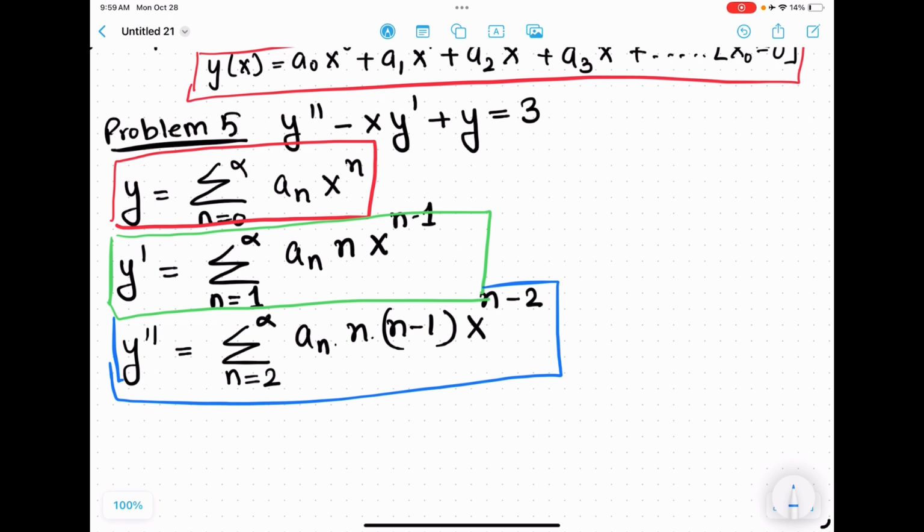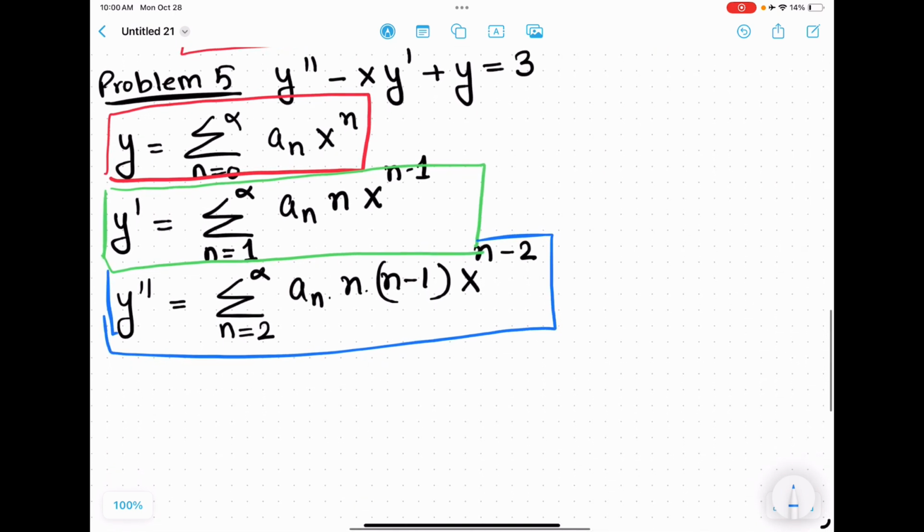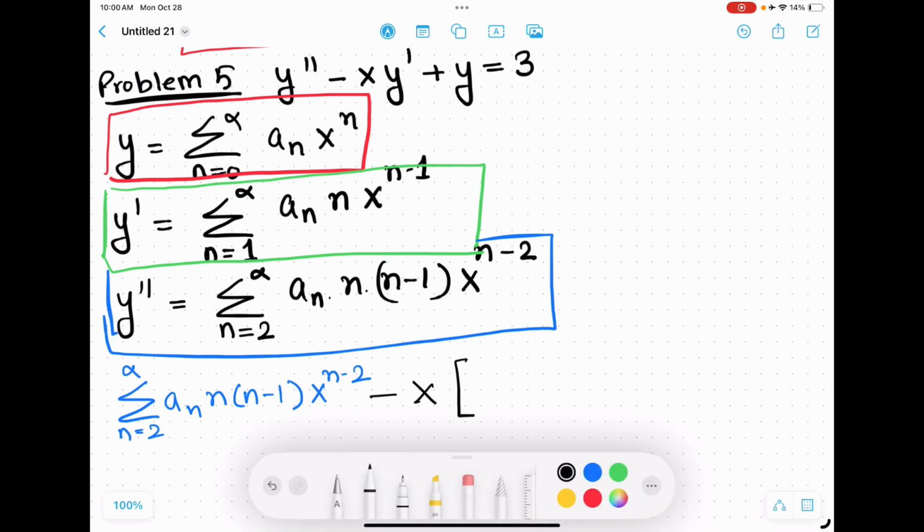So now let's substitute that in my equation. So first I have my y double prime. So I'm going to write that in my blue. So I have summation n equal to 2 to infinity, a sub n times n minus 1 times x to the power n minus 2. Then I have my x, and then I have my y prime.